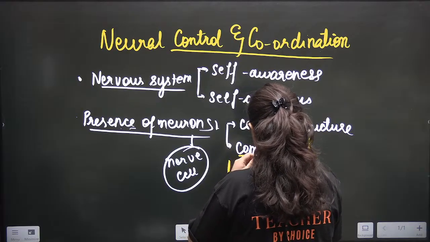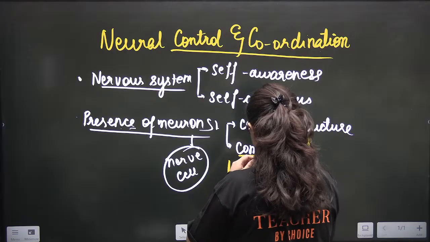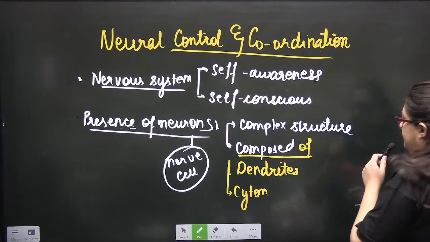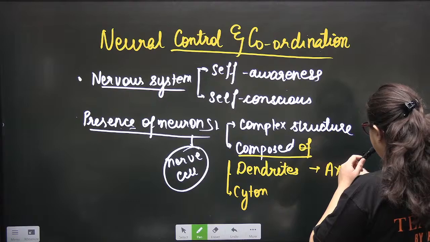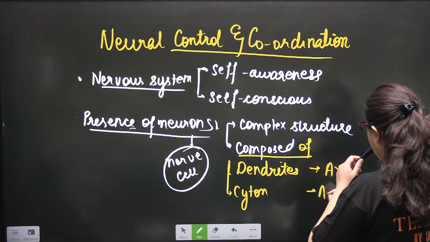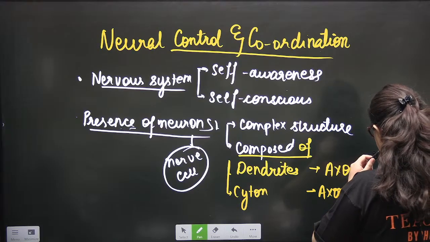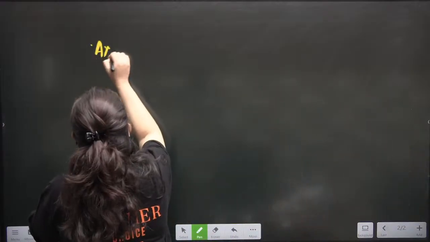dendrites, cyton, axon, axon endings, and axon bulb. Let's draw the diagram.